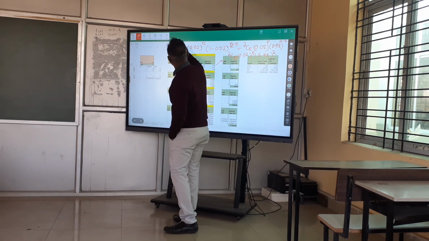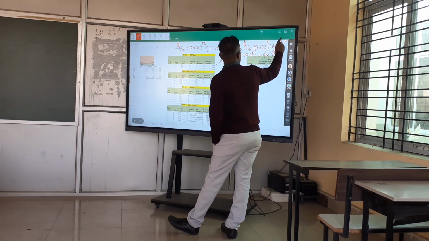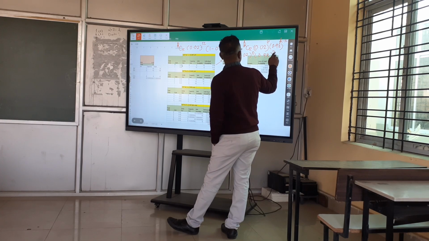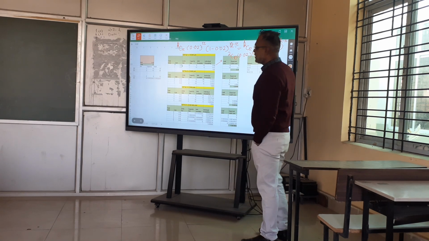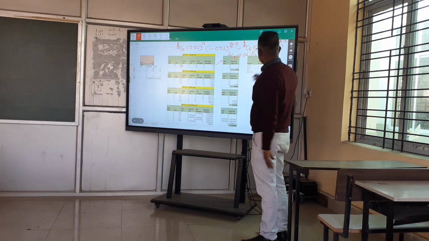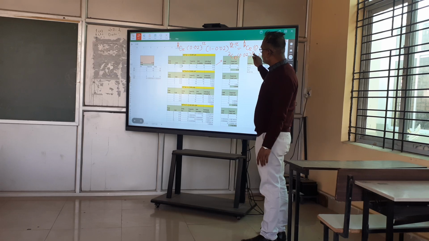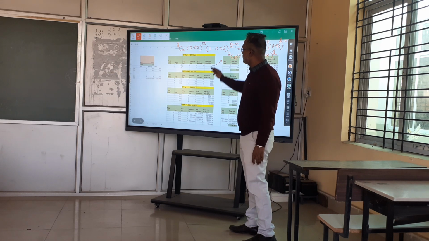So this is 1 minus 0, 1. So total number of units is 1 here. N is equal to 1. So this is 0.02 to the power 0, which is 1, and 0.98 to the power 1, which is 0.98.